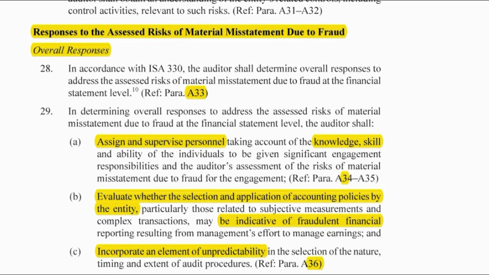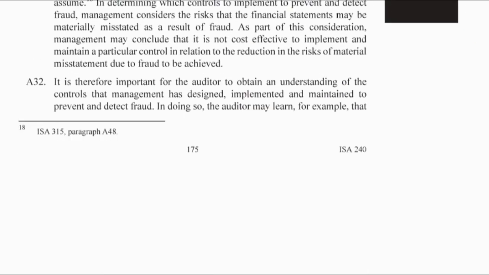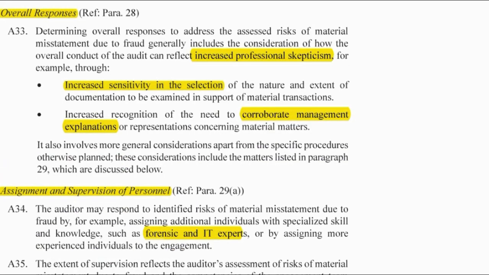Then we have to respond. So we first have to respond at a financial statement level: assigning more supervised staff, looking at accounting policies, incorporating elements of unpredictability, and then A33 to 36, increase professional skepticism, and it gives you examples of how you can do so.